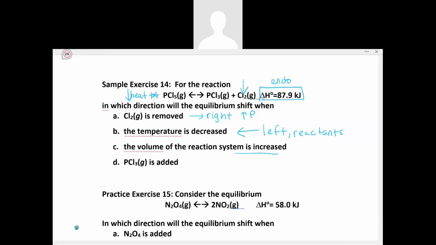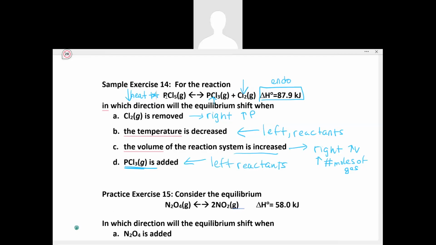So that would be a shift to the right. And we would increase the number of moles of gas because we increased our volume. And then in our last scenario here, we're going to add some of our product here. So we're going to see again a shift towards the left, towards reactants.